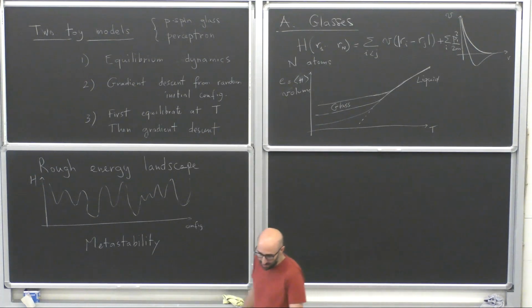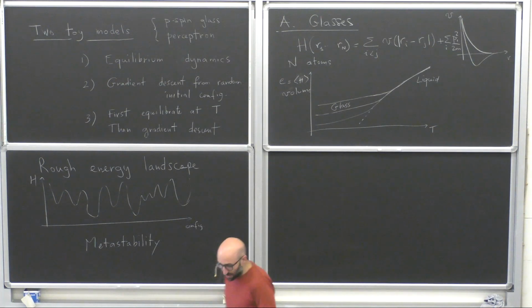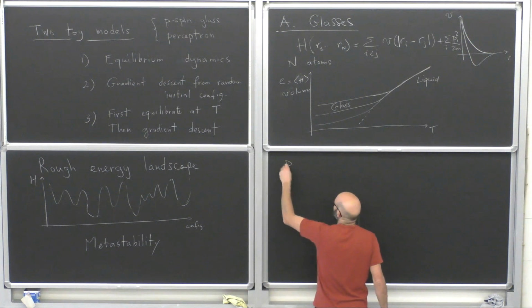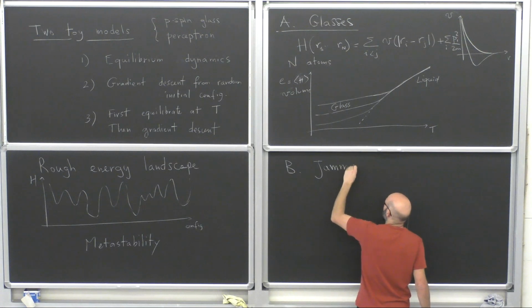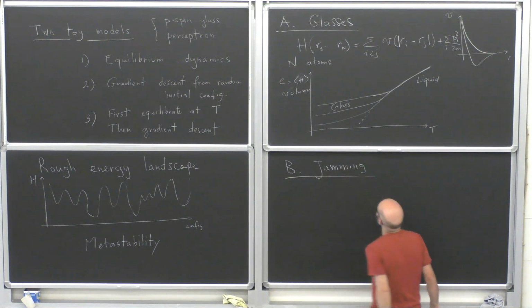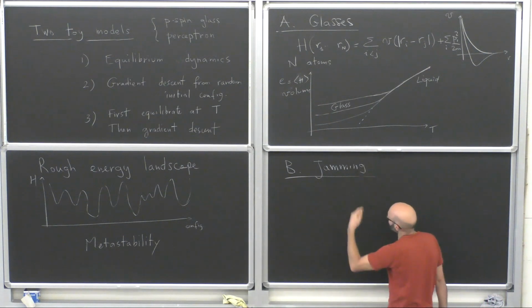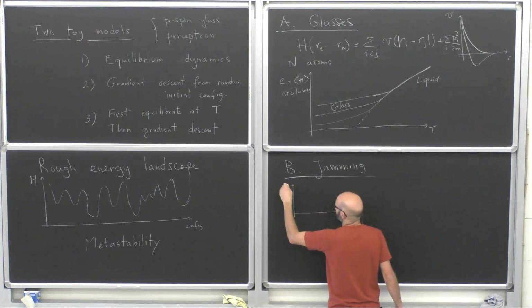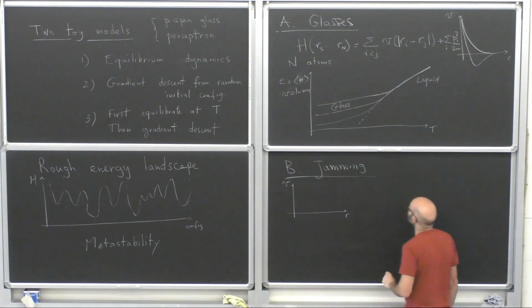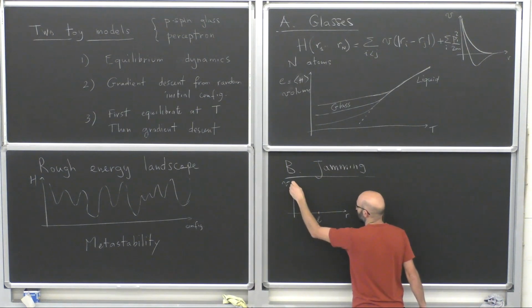Now the second example I want to discuss is related to this. It's what is called the jamming transition. So it's a very similar problem, same potential as above, except that now the pair potential has a finite range that we call L, for example.